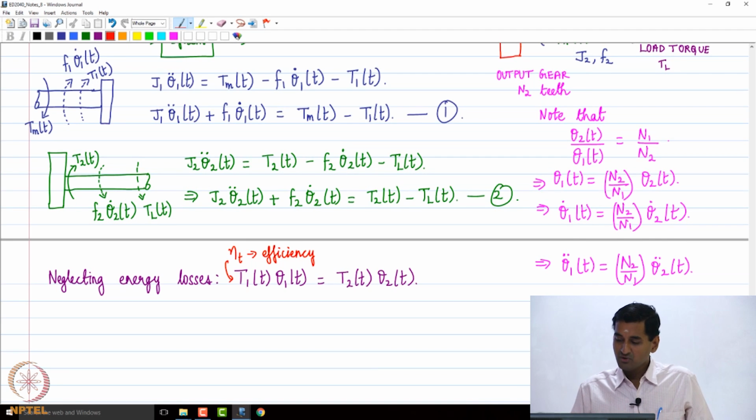So, this is T1t times theta 1t. What does this immediately tell us?